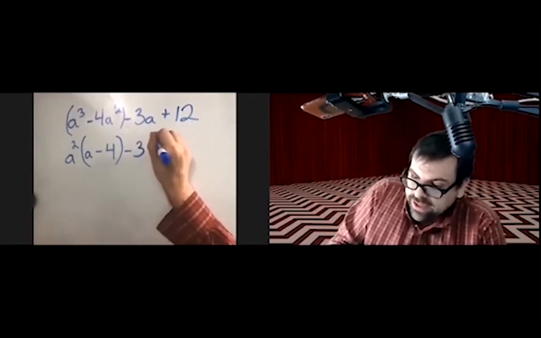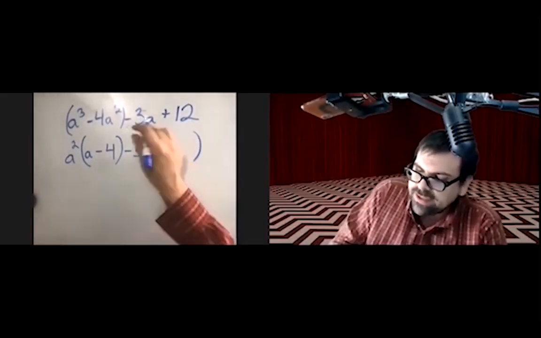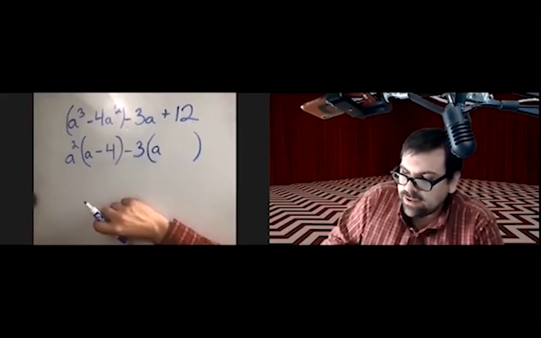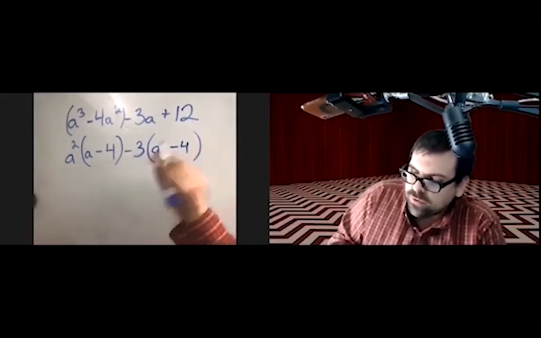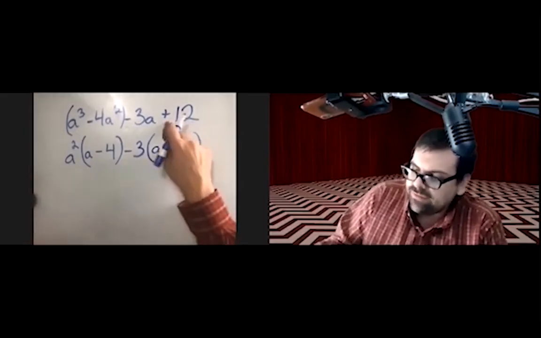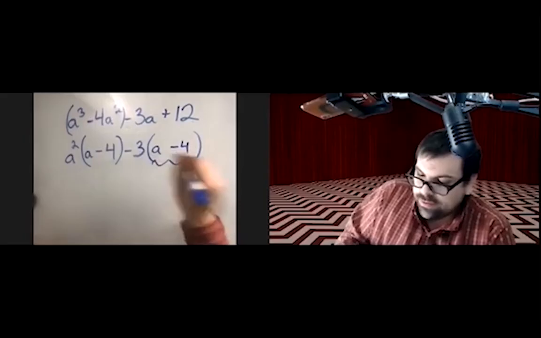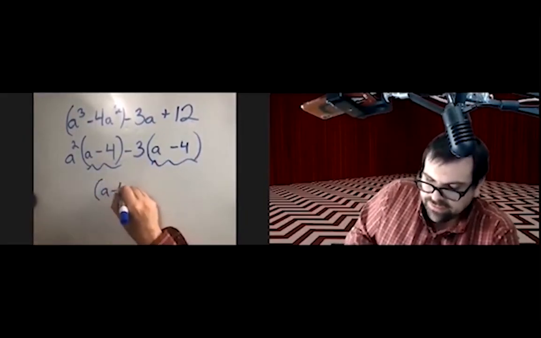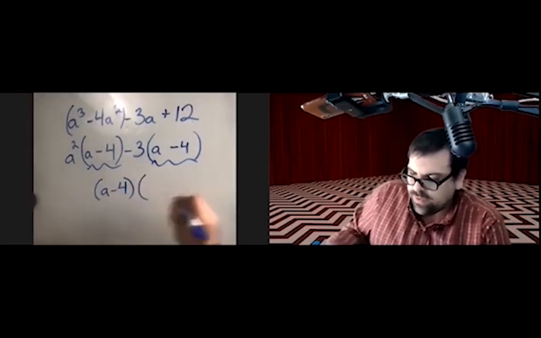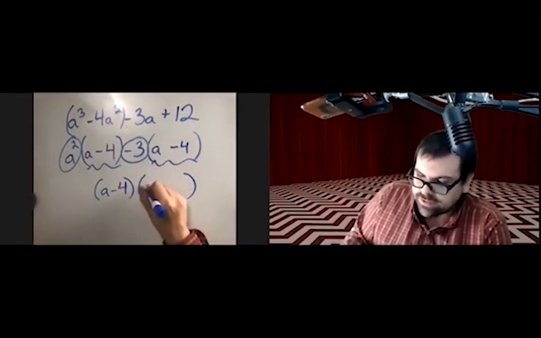So we're factoring out a negative 3. Negative 3 times a is negative 3a. Negative 3, be careful, times negative 4. Negative 3 times negative 4 is positive 12. Leftover piece is the same. It's the greatest common factor now. Factor it out. And what are we left with? a squared minus 3.